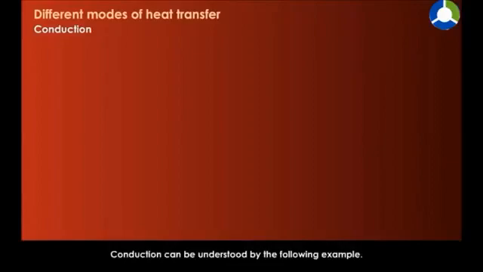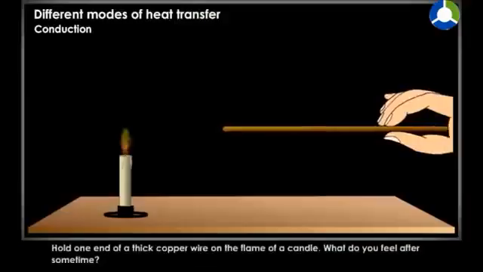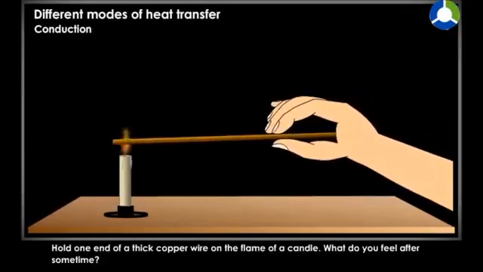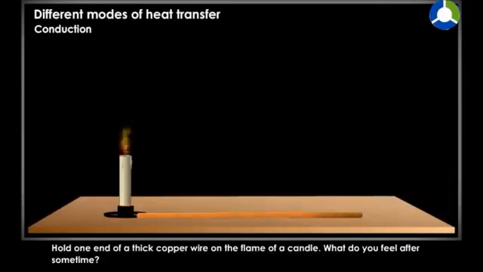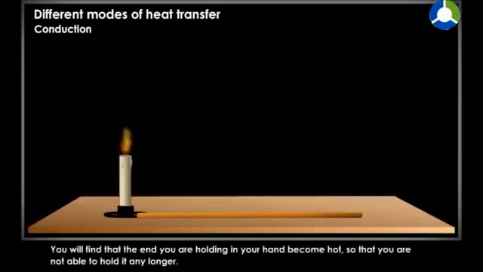Conduction can be understood by the following example. Hold one end of a thick copper wire on the flame of a candle. What do you feel after some time? You will find that the end you are holding in your hand becomes hot, so that you are not able to hold it any longer.